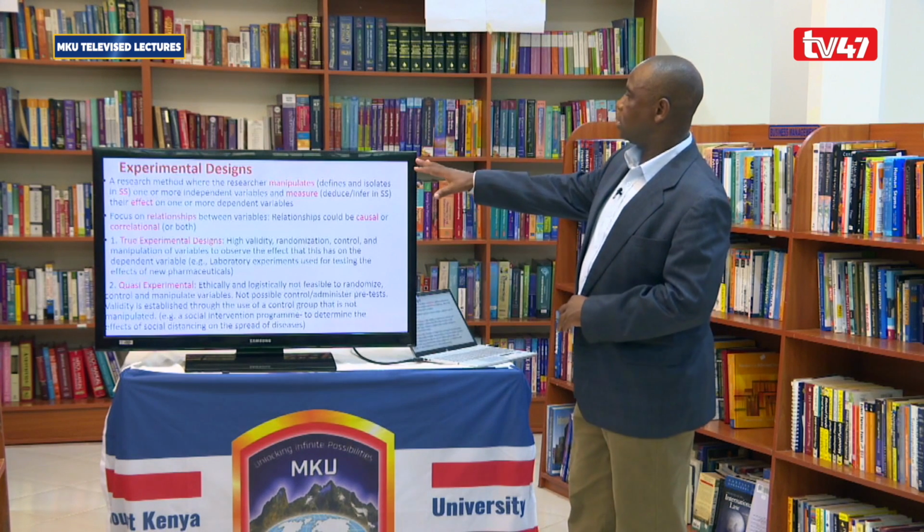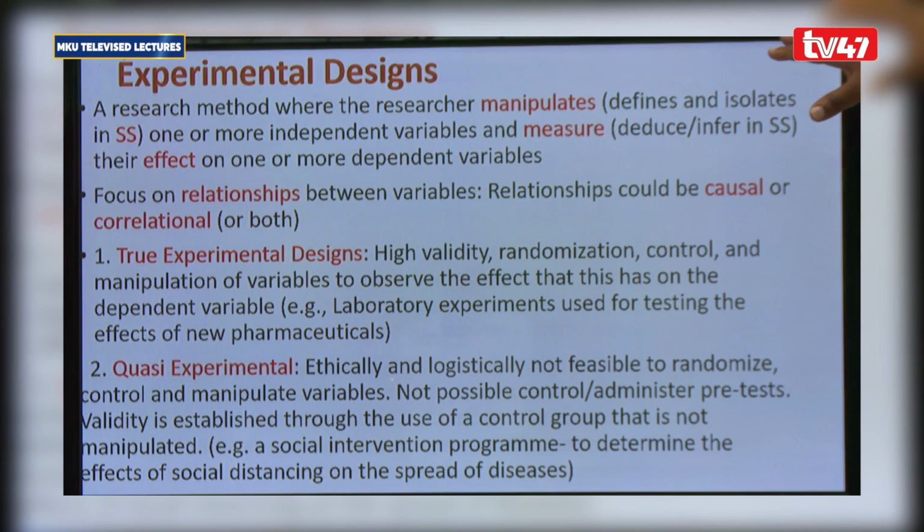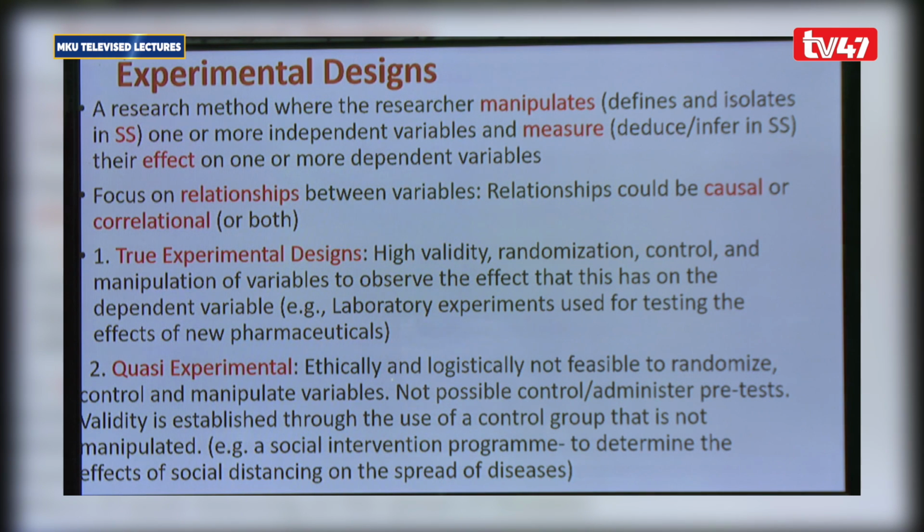So experimental designs use methods where the researcher manipulates. In physical sciences, you manipulate. You control the amount of oxygen. You control the amount of a particular chemical. You know the amount you're going to use. But in social sciences, you are not able to do this. So you can say you can define and isolate what you are studying.